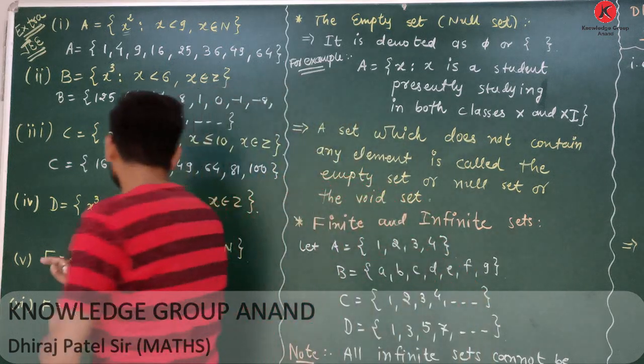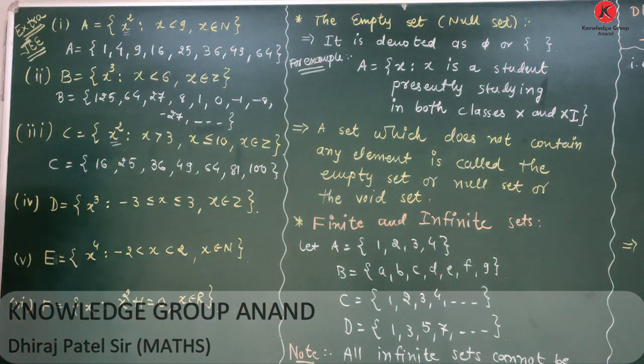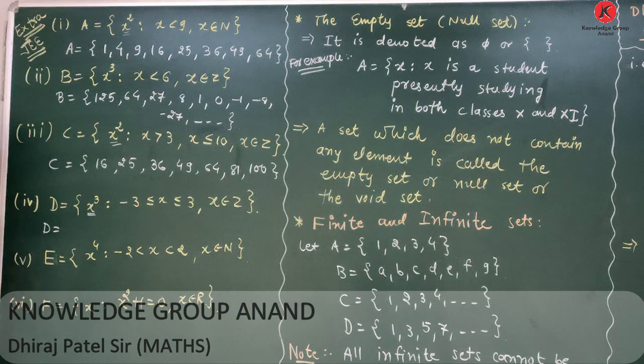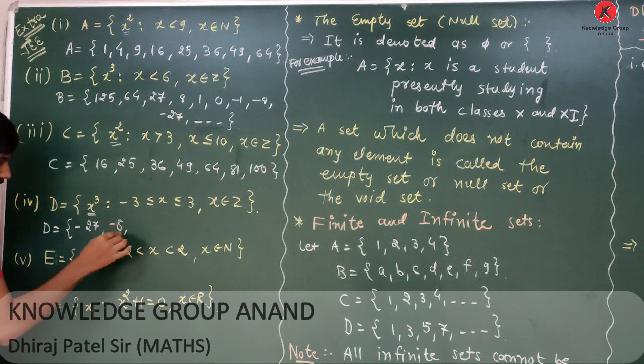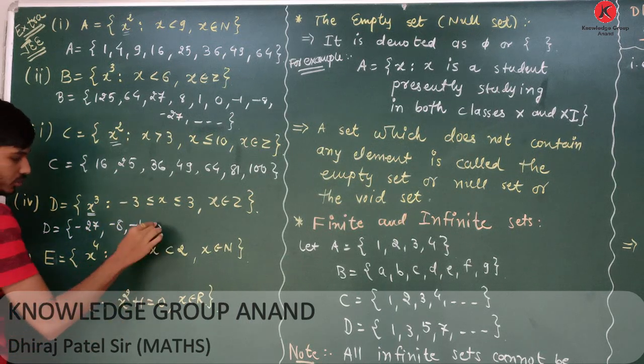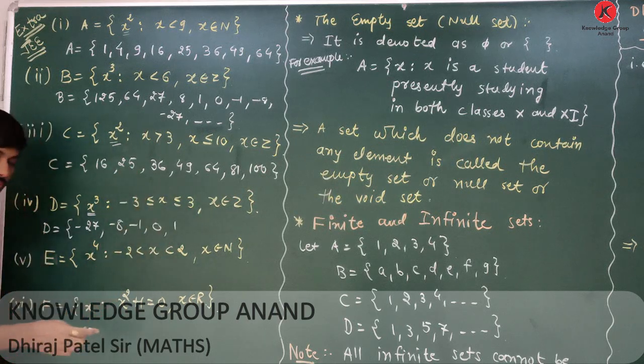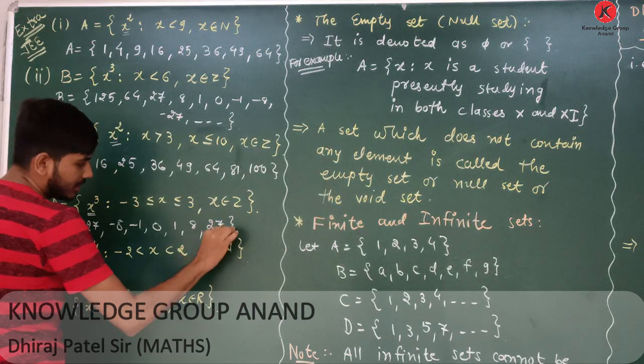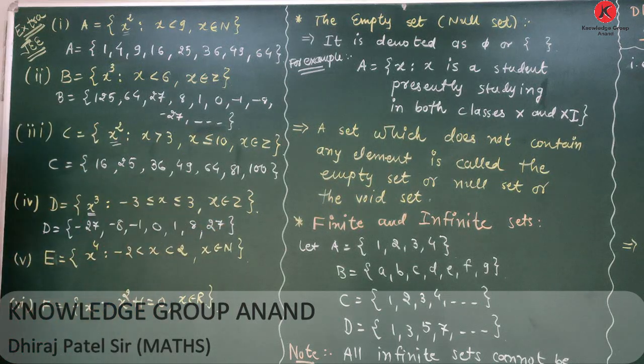These are the values of x, and you have to write the value of x cube. Therefore, we are getting minus 3 cube, minus 27, minus 2 cube, minus 8, minus 1 cube, minus 1, 0 cube 0, 1 cube 1, 2 cube 8 and 3 cube 27. Okay, the equal to sign is there.